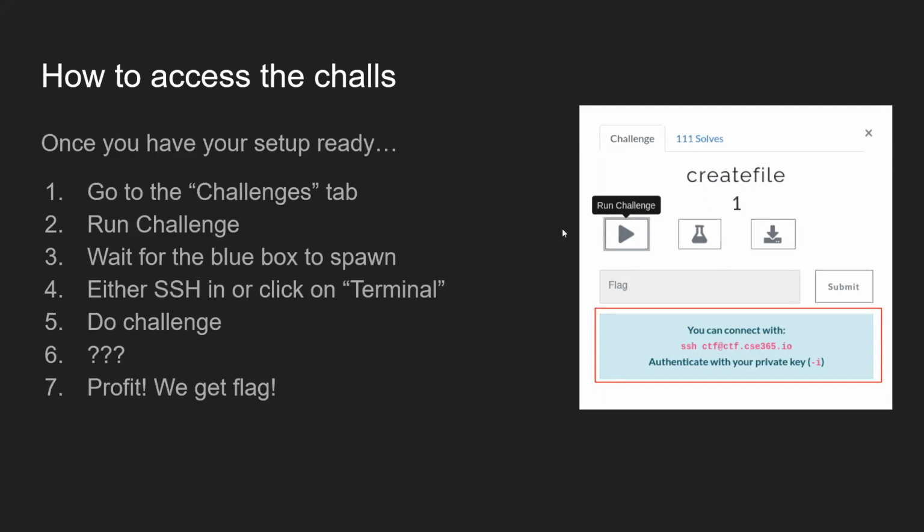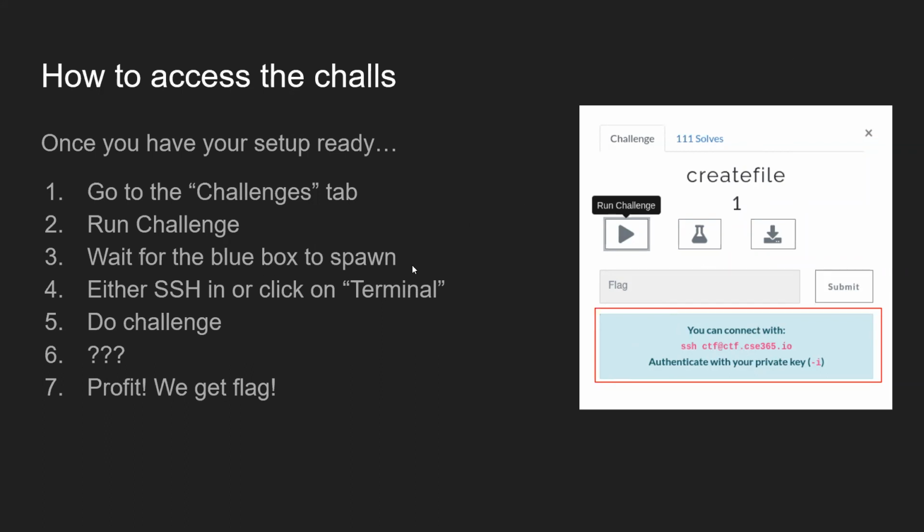or just start the challenge: there's a challenges tab on the site, and once you see the challenges, click on the challenge itself, and then click on run challenge. You want to wait for this blue box down here that says you can connect with this SSH key, SSH, and the user and host to spawn in.